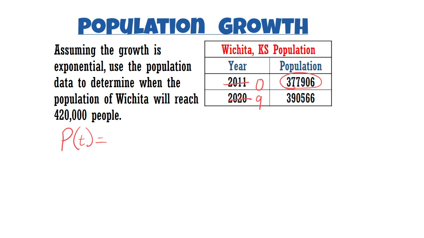And my initial value is 377,906. And then I don't know what the B value is, and I'm going to raise it to the T power. I'm using a T for time instead of X. Just good to get in the habit of using proper notation for things, depending on what you're dealing with.